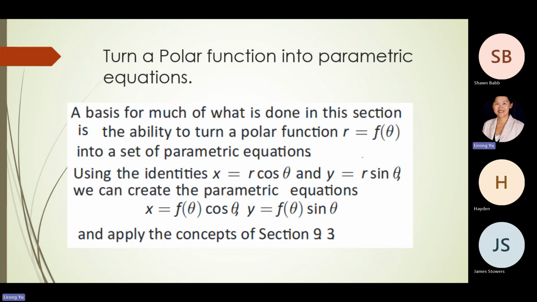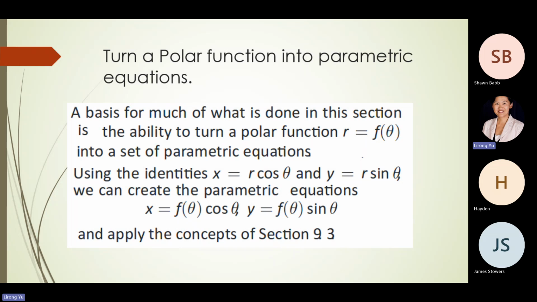If you have a radius formula, let's call that f of theta, then because x equals r cosine theta and y equals r sine theta, this is by nature a relation between x and y and r and theta. So we replace the r, which originally could be a number, with a function.